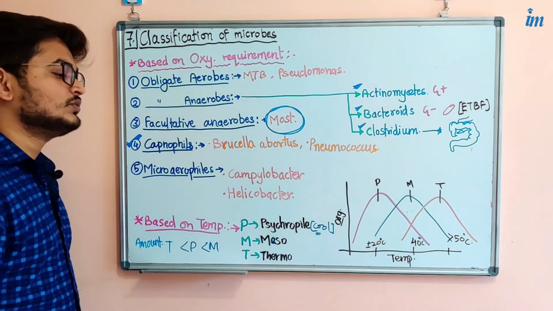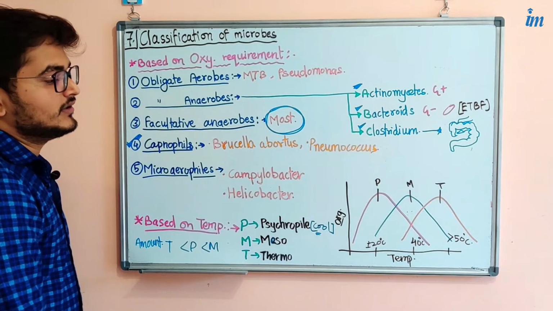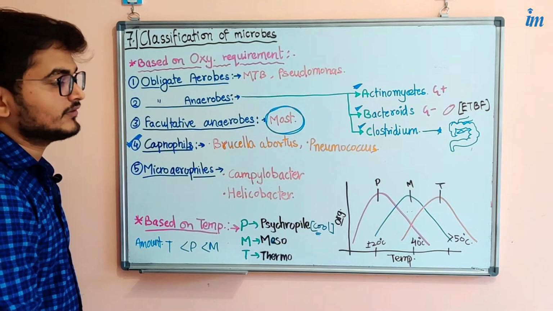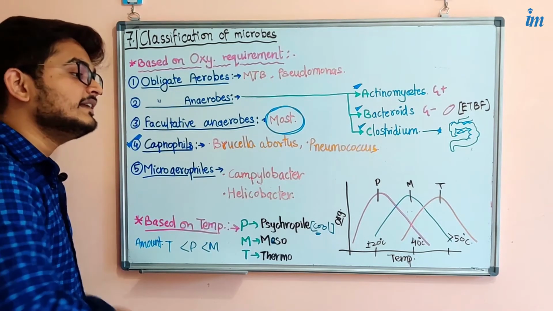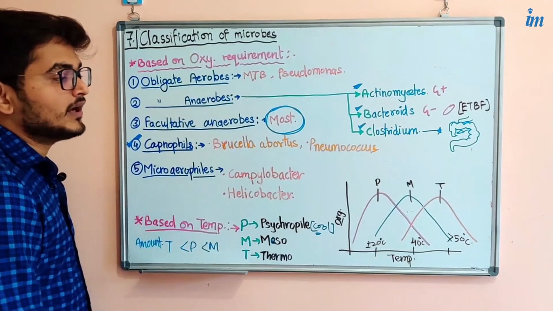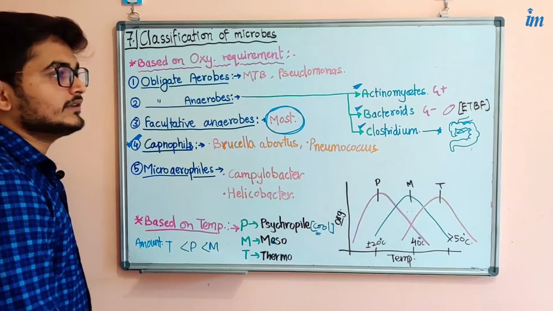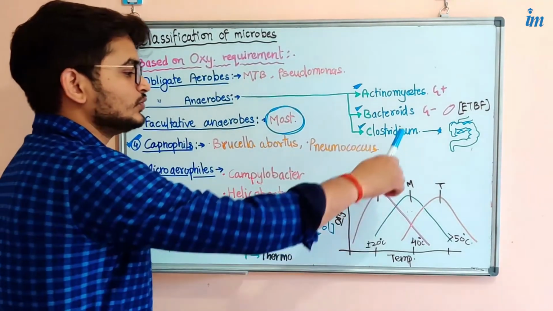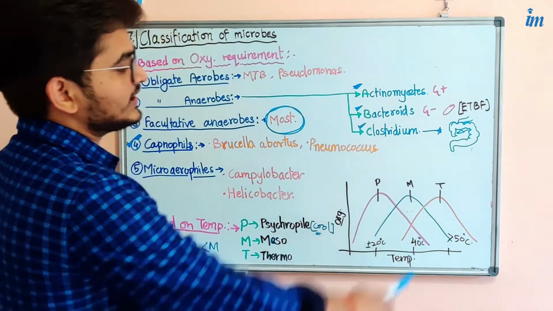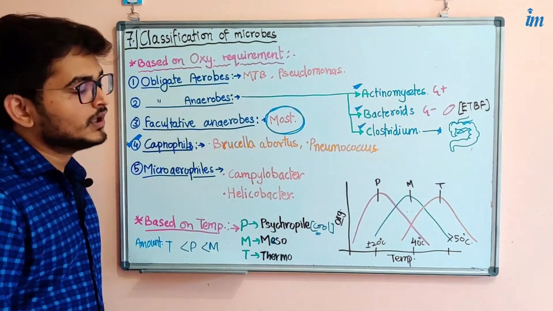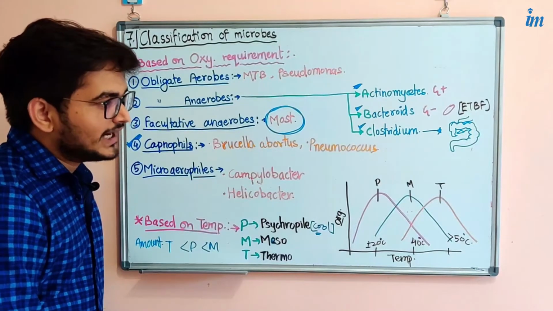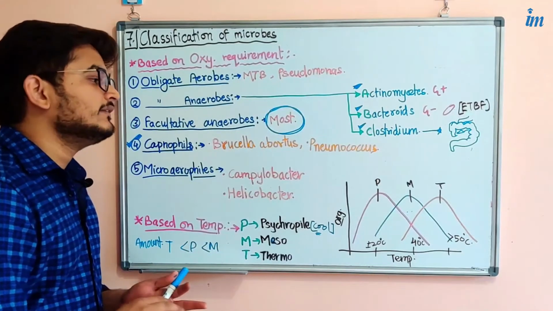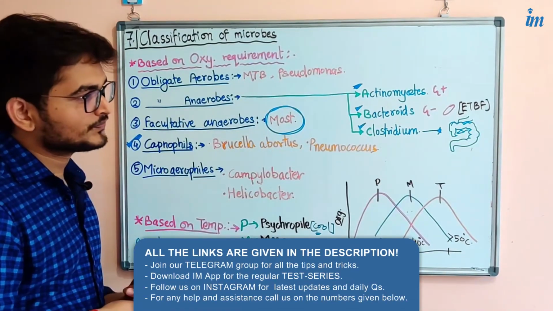This graph has been asked 2 times in the USMLE examinations. They do not ask which one is psychrophils, which one is mesophils, which one is thermophils. They create a case, and on the basis of clinical symptoms the answer was a mycobacterium infection, and they just ask students to choose which category that organism lies in. So it is important to know the microbial property and ecological features, where they can grow, and even what they cause and how they cause.